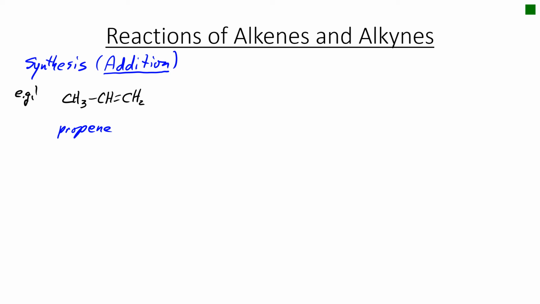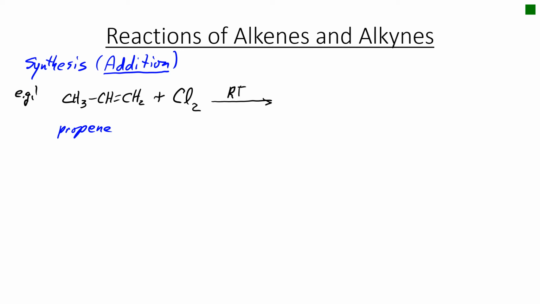So if the chain is short enough, we don't need the numbers. So propene plus, I'm going to react it with Cl2. The reaction with Cl2 will take place at room temperature. Those are the conditions. And for the organic reactions, we're going to be getting in the habit of writing our reaction conditions.